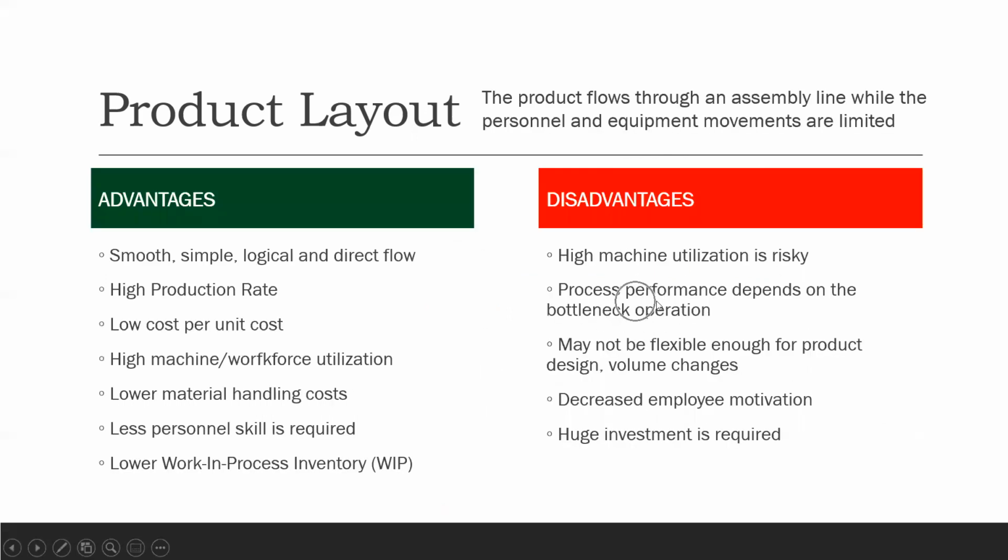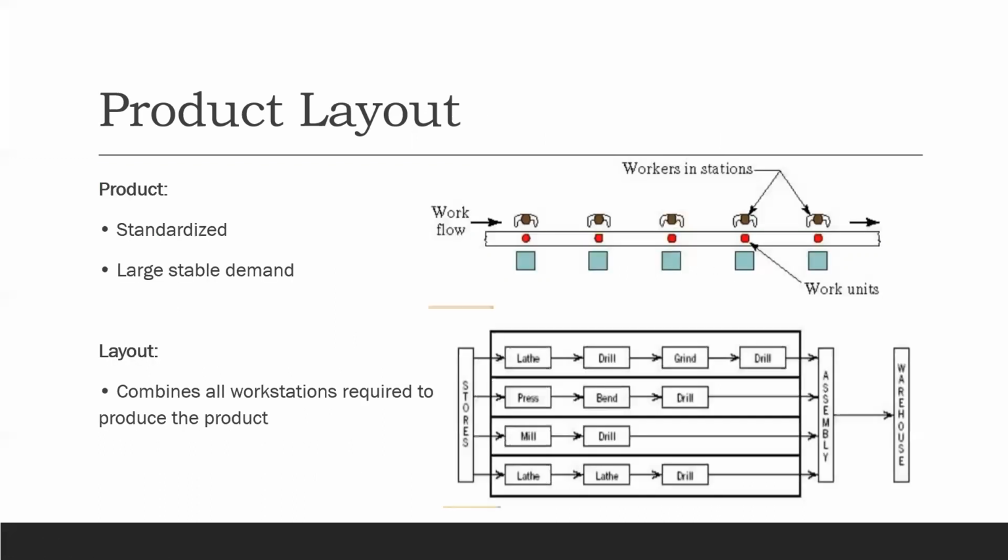Okay? And then process performance depends on the bottleneck. Halimbawa, ang kayang i-process ng isang machine ay 70 pieces per hour. Ito, 80 pieces per hour. Then itong grinding process, 20 pieces per hour. And then itong drilling, 80 pieces per hour.